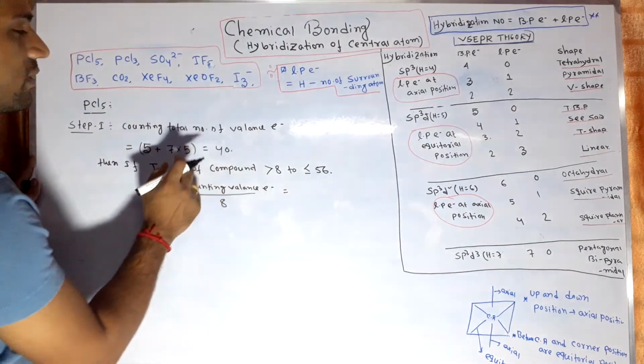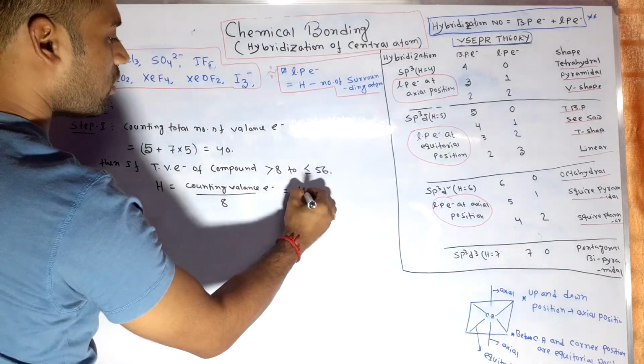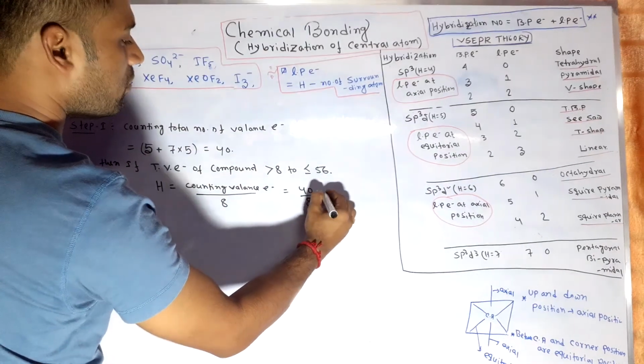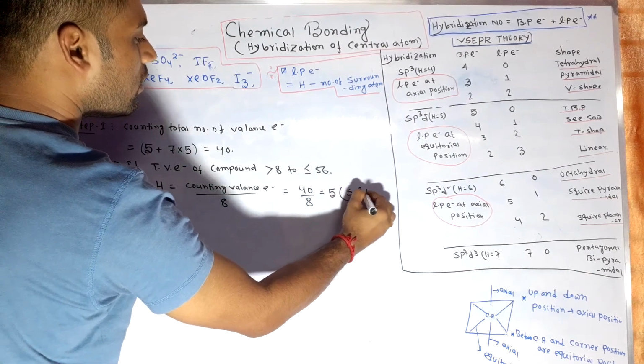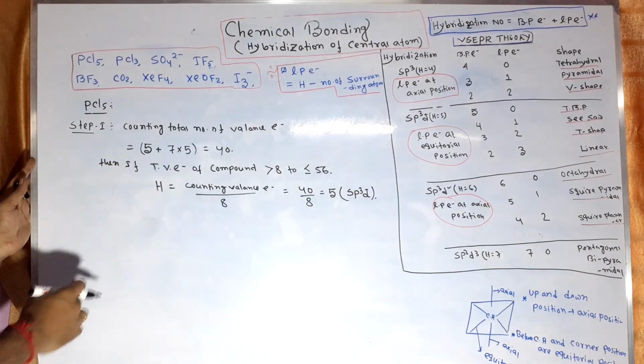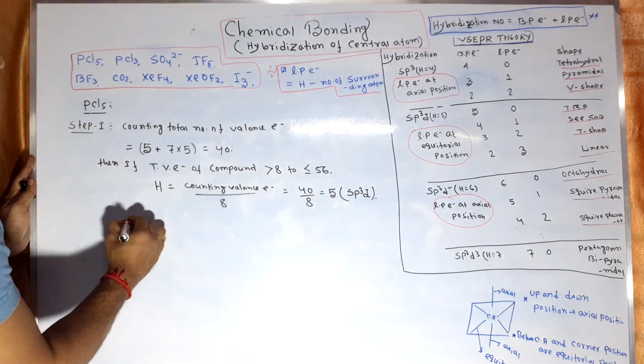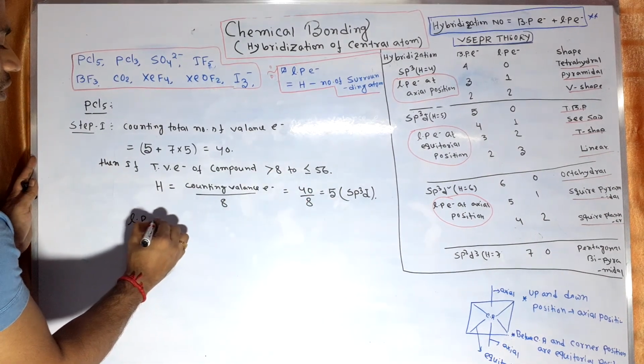So in this species, total number of valence electrons 40 divided by 8, that means 5. So hybridization is sp3d.